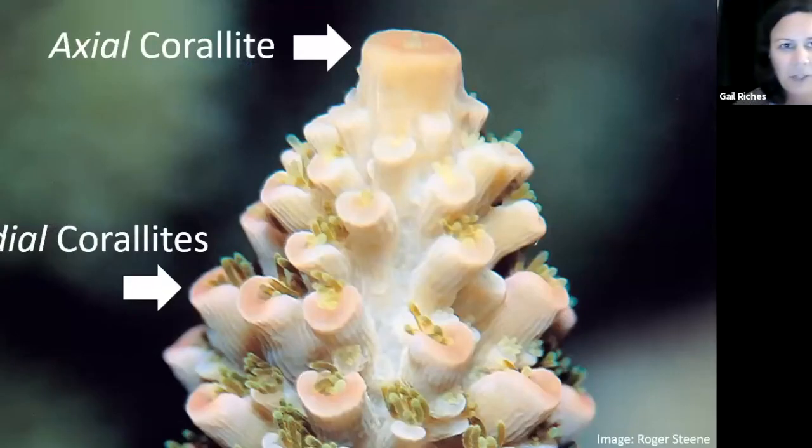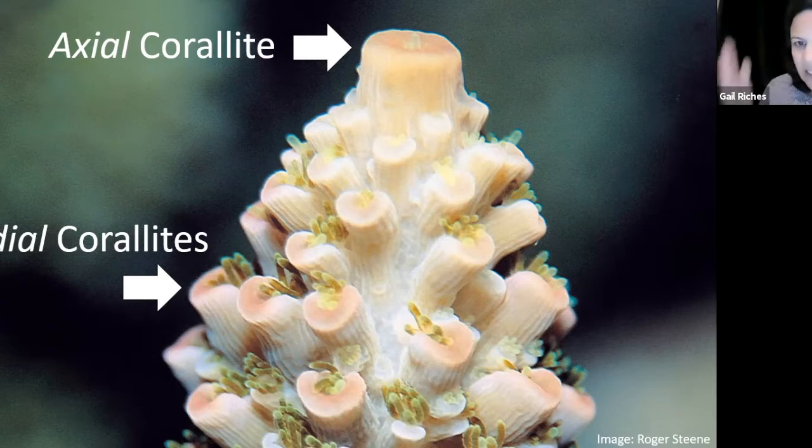And so here, for example, the axial corallite is actually the starting point of every branch. As the branch grows up and up, it starts off as a cup, and then it grows into a tube, and then it forms the central axis of the branch. So that corallite at the very end of the branch starts at the very beginning of the branch, and it's like the inside tube to that branch.